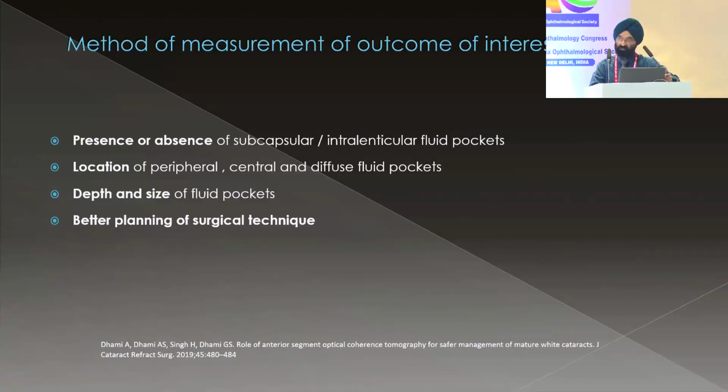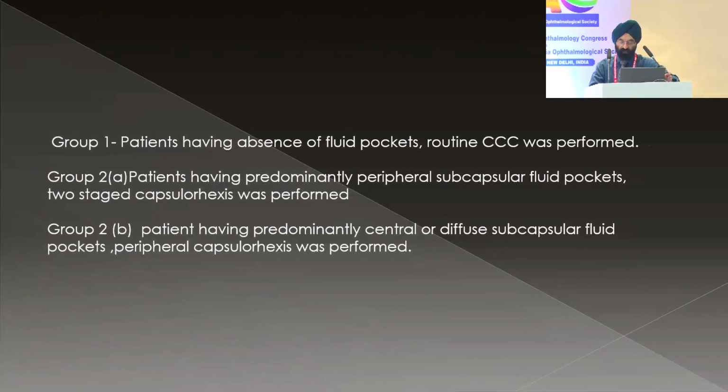We found whether there was presence or absence of a subcapsular or intralenticular fluid pocket, its location, whether peripheral, central, or both, which we labeled as diffuse, and its depth and size, because this helped us in better management of our intumescent cataract cases.